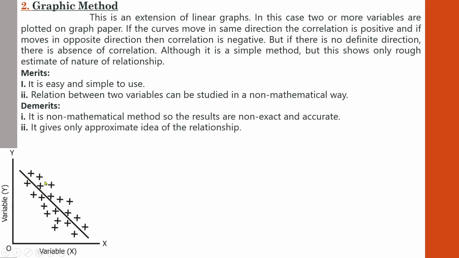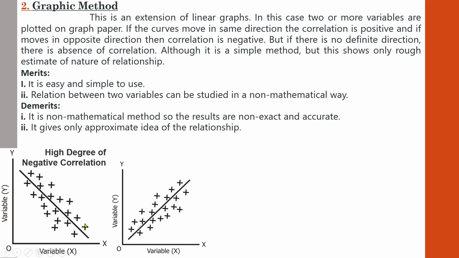On the basis of the concentration of these plus signs, you can understand that there is a movement from left to right, from top to bottom. So this is a case of high degree of negative correlation. We all know that if a line or a curve moves from left to right, that is up to down, it is known as negative correlation.